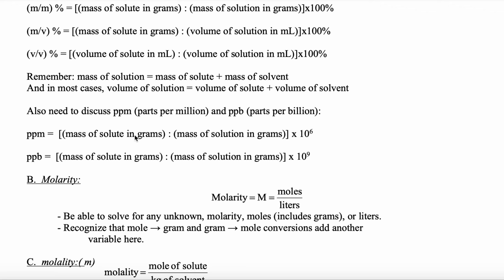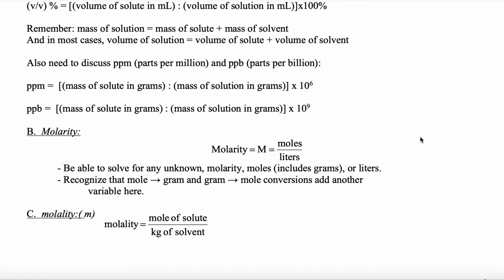Solute on the top, numerator, solution on the bottom, denominator. Now, because it's parts per million, you multiply it by 10 to the 6, which is a million. Now, parts per billion is the same setup. Instead, you multiply it by 10 to the 9, which is a billion.